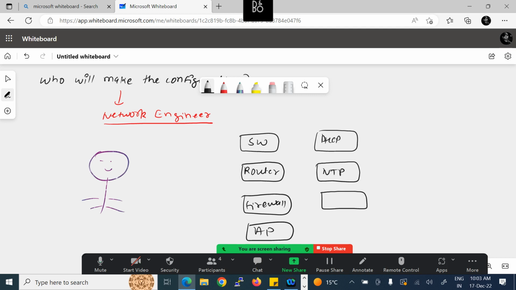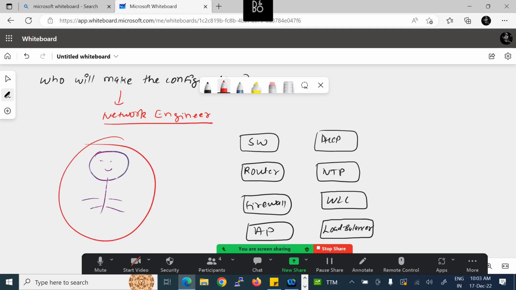All of this configuration. Or you can have the WLC, load balancer. So only this guy is responsible to make the configuration.